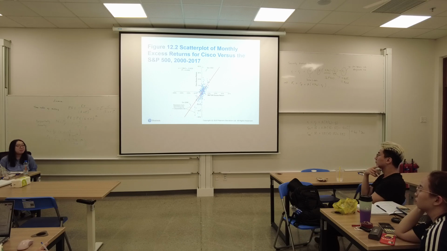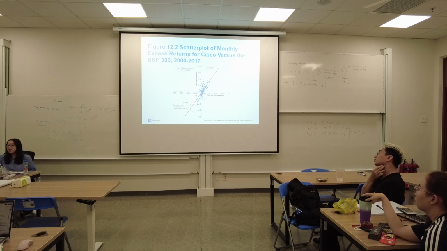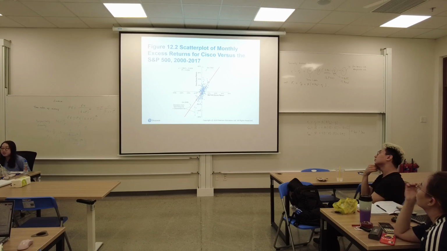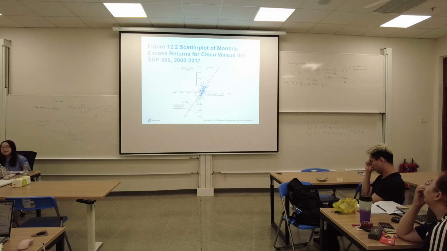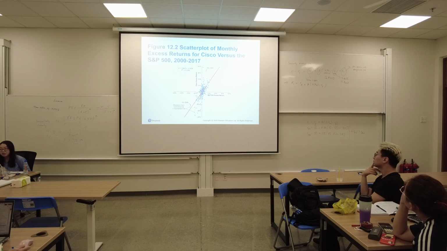Any question? Okay. If you use this scatter plot, you can see that Cisco tends to be up when the market is up and vice versa. You can see that a 10% change in the market's return corresponds to about a 16% change in the Cisco return.